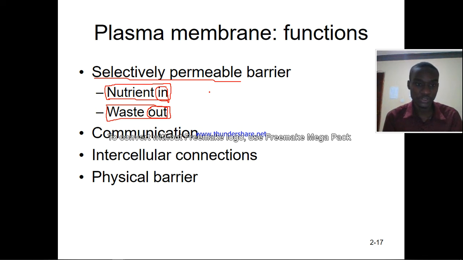The other function of the cell membrane is communication between cells, communication with adjacent cells, or communication with certain extracellular molecules that are trying to be circulated. And that is done by the glycoproteins or the glycolipids. Then there are cellular connections.